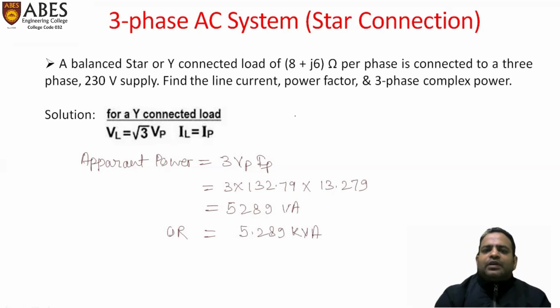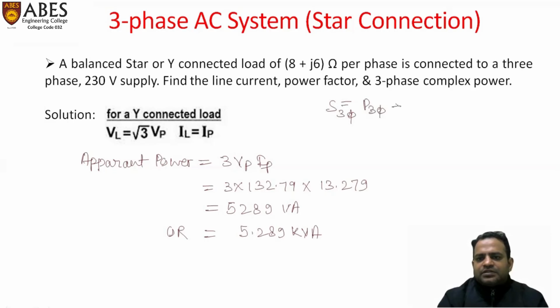We can also calculate active, reactive, and apparent power in complex form. Complex power S three phase is equal to P three phase plus J times Q three phase.